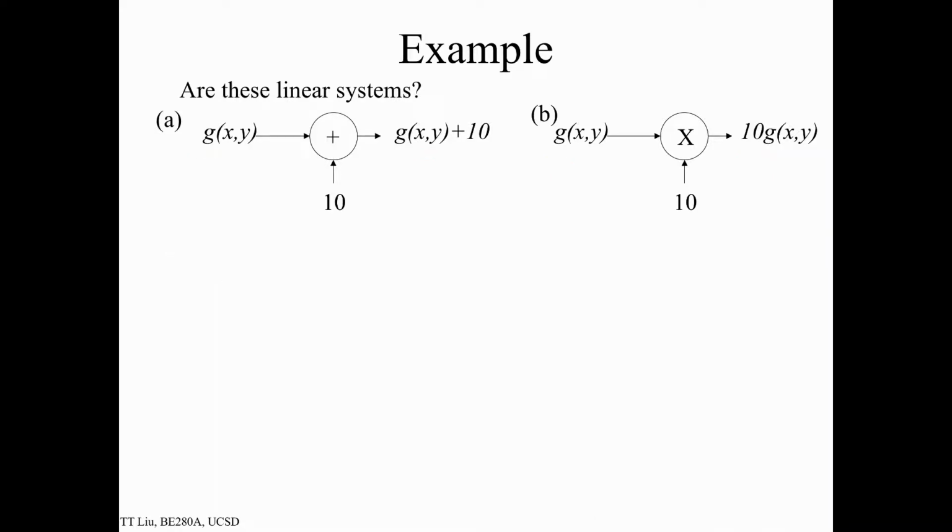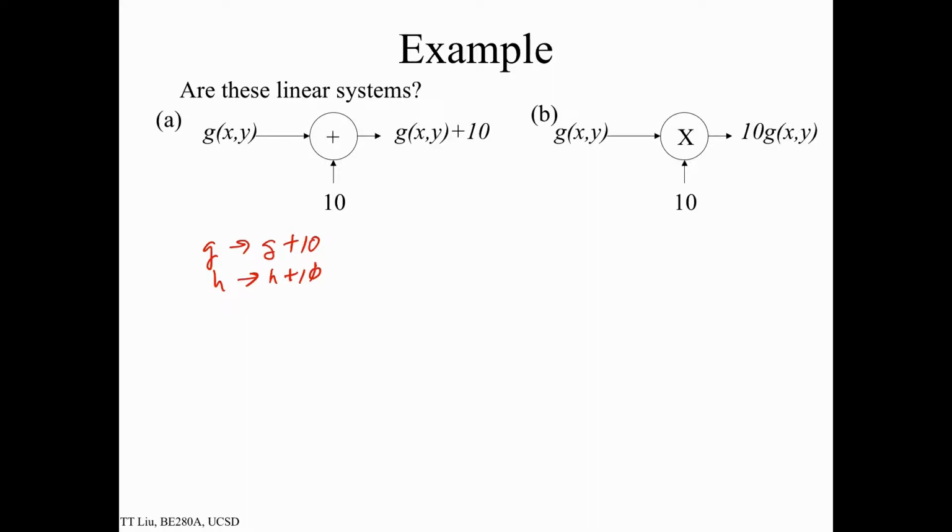So let's take a closer look at these systems. Let's look at the first system and see if the additive property is satisfied. G gives me G plus 10. I consider another input H, which would give me H plus 10.